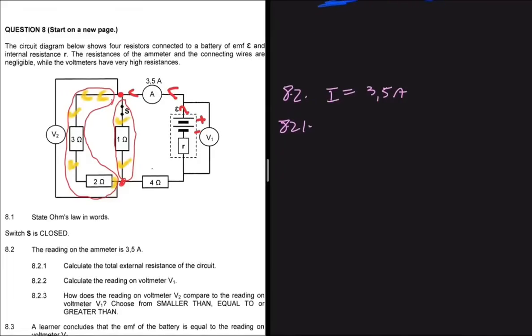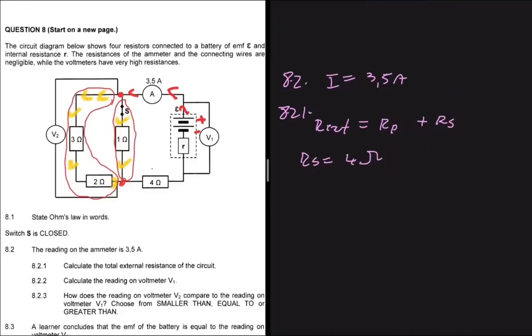So R external equals RP, the resistance in parallel, plus the resistance in series. Let's start with the resistance in series because it's pretty straightforward. We're gonna have RS equals 4 ohms, and we're done with that. Now we can calculate the resistance in parallel.